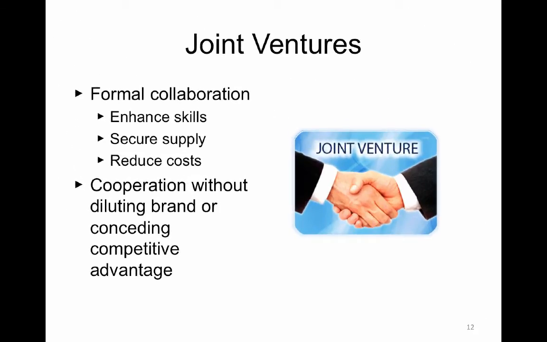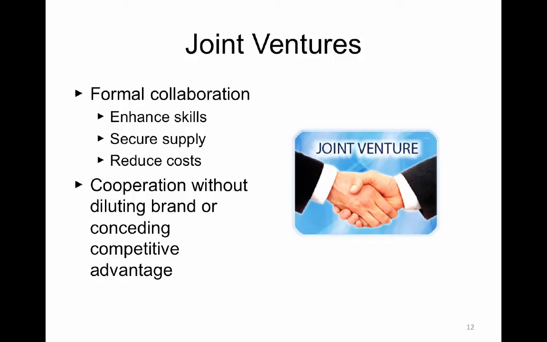Joint ventures. So this is the final of the four most common scenarios. And so with a joint venture, it's not that one company owns another. In this example, you're just joint. You're shaking hands. You're making a deal from one company to the next.